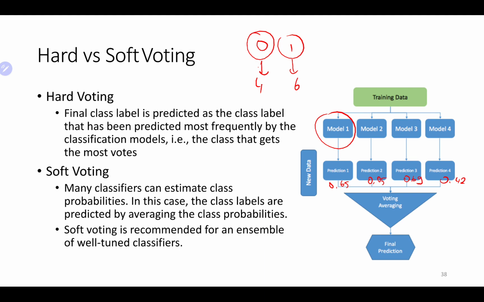Okay, and then the one that has the larger probability will basically be the winner. Okay. So that's how it is done. So it's called soft voting because rather than taking the exact class labels, it's working on the probability. So it's a bit more fine-tuned, if you will.